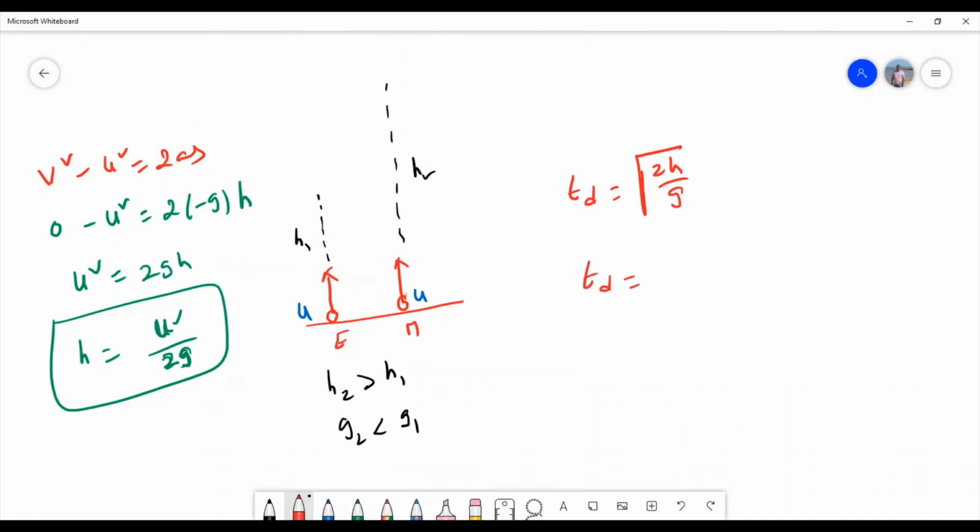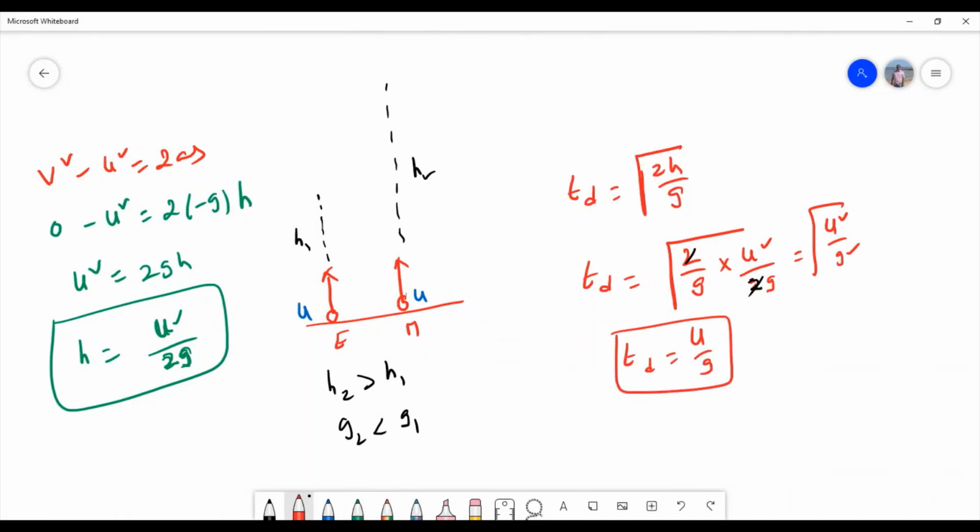So time of descent can also be written as root of 2 upon g times u square by 2g. When I cancel the 2, there is a g still left. It is u square upon g square, so time of descent can also be written as u by g.